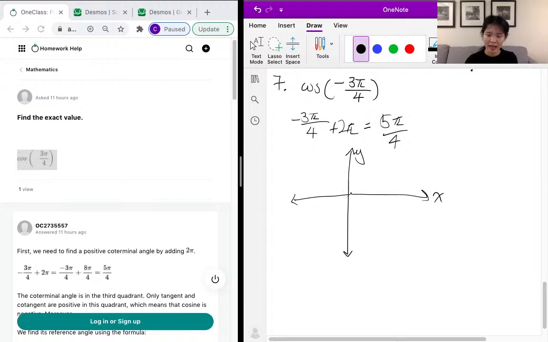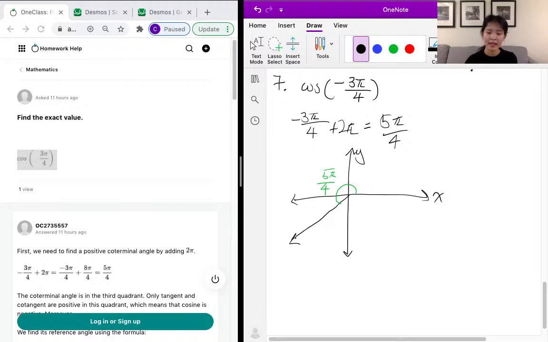But it's not as large as 1.5 pi, so it's not as large as 3 pi over 2. So it should be around here. And this is the angle that we're interested in, which is 5 pi over 4.